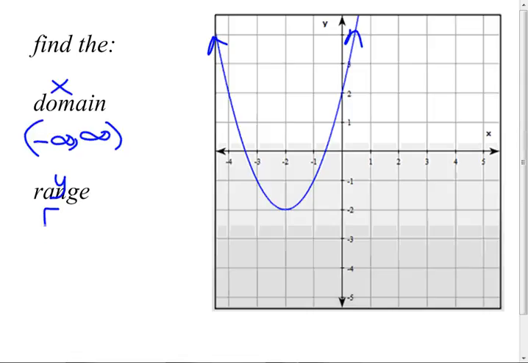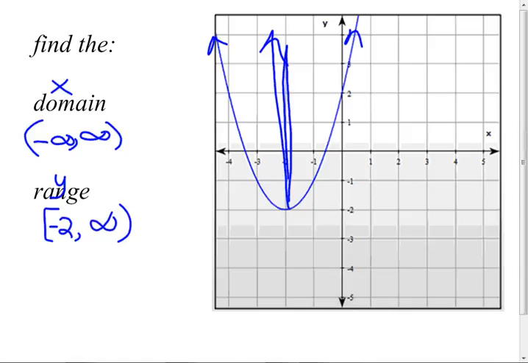It starts at -2 and goes all the way up forever, so it goes to infinity. Why not 4? There are all these values. 4 is correct, so it's 4.1, 4.2, 4.0001. All of these numbers, this is continuous. It's all of these y values. Think of it vertically. It never stops.